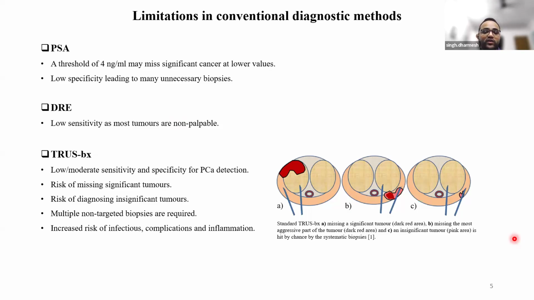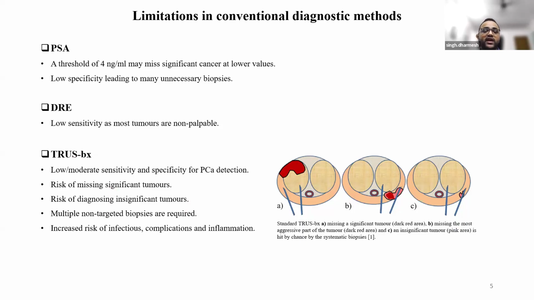DRE has been used for decades, but in reality it misses most cancers because they are non-palpable, and it is also highly subjective. Two different clinicians may have different findings for the same DRE, so it has low sensitivity. TRUS-guided biopsy is still considered the gold standard, but it comes with a long list of drawbacks.